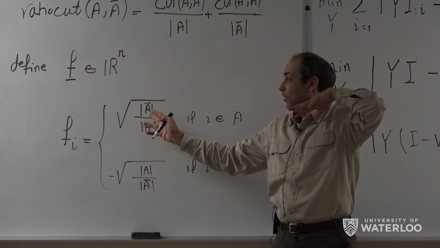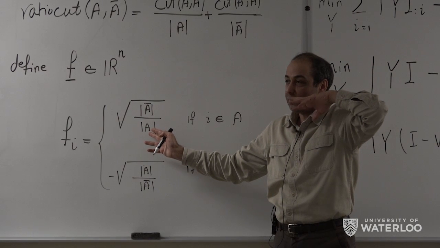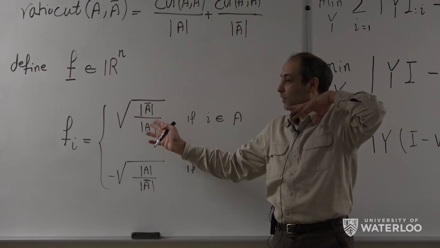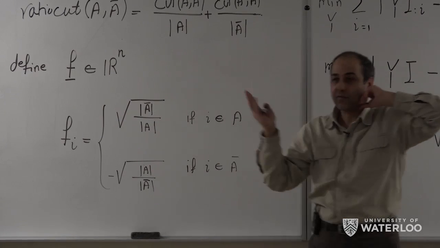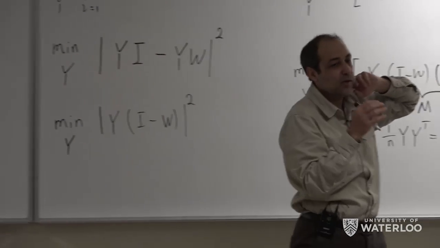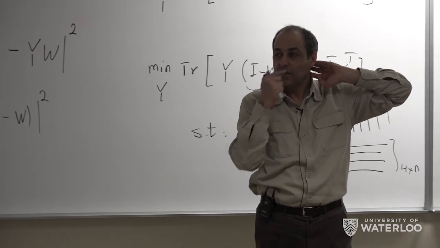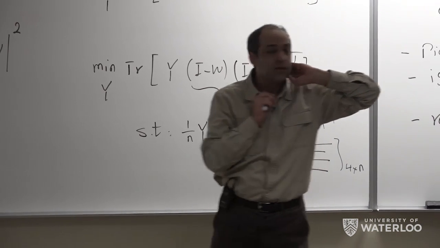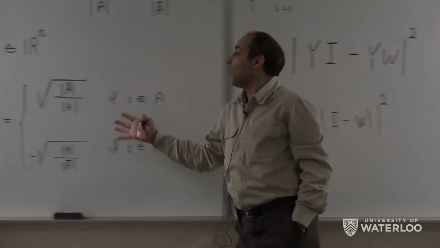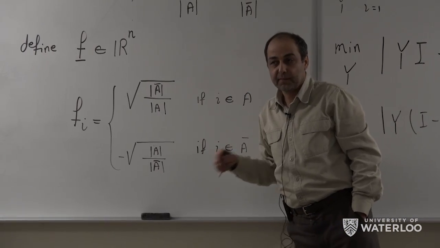But if here I have 100 points and here I have only 50 points, then it's the square root of 100 divided by 50, positive, or the square root of 50 divided by 100, negative. So it's just labels. I'm just defining F this way.